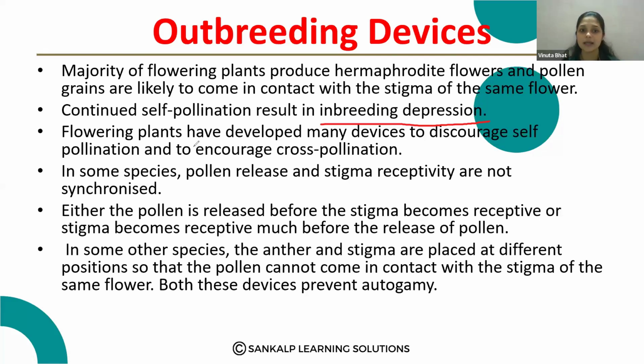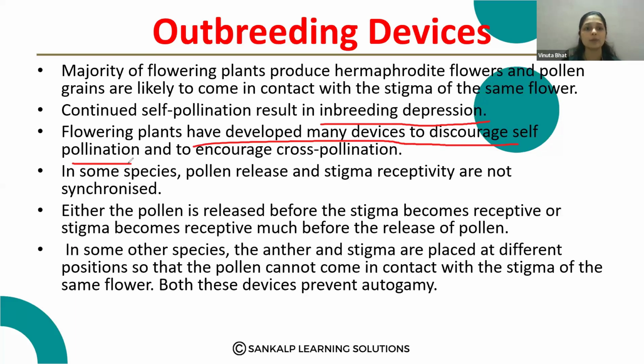So flowering plants have developed many devices to discourage self pollination. If self pollination happens, there is no genetic variation in that plant, it stays the same generation to generation, and there is no adaptation for the changing environment.